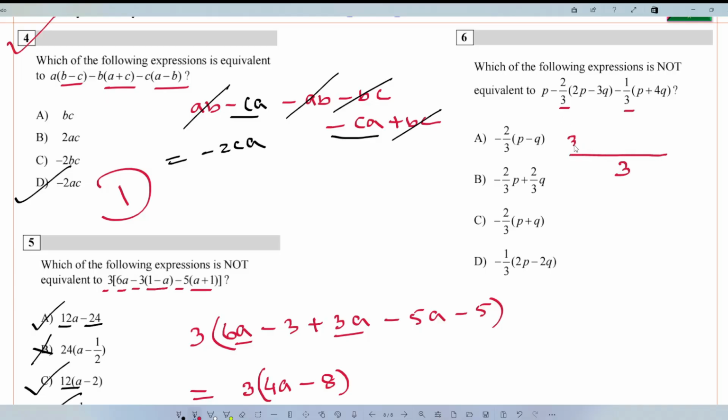So here is 3p minus 2 times 2, it means 4p, minus and minus will become plus 6q, right? Then minus p, then minus 4q. So what will be the answer? Here the denominator is 3, so 3p and minus p will be 2p.